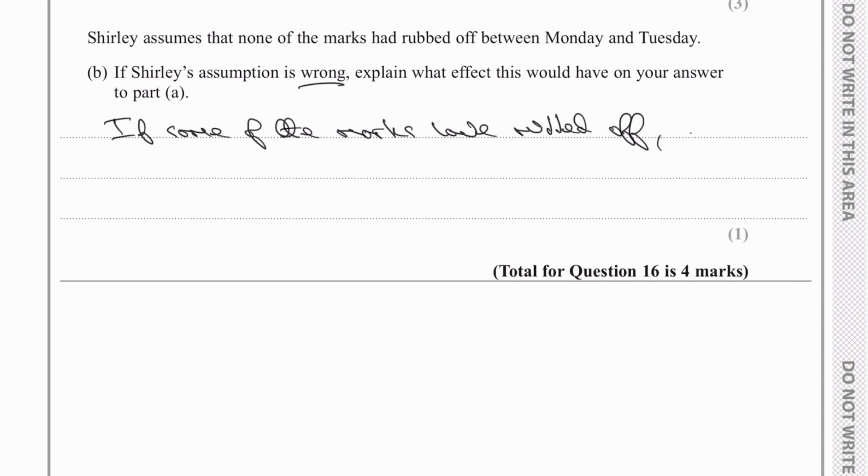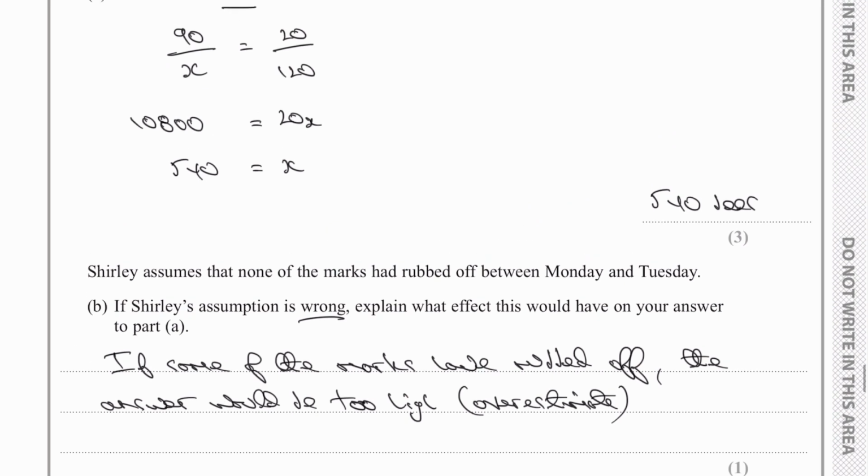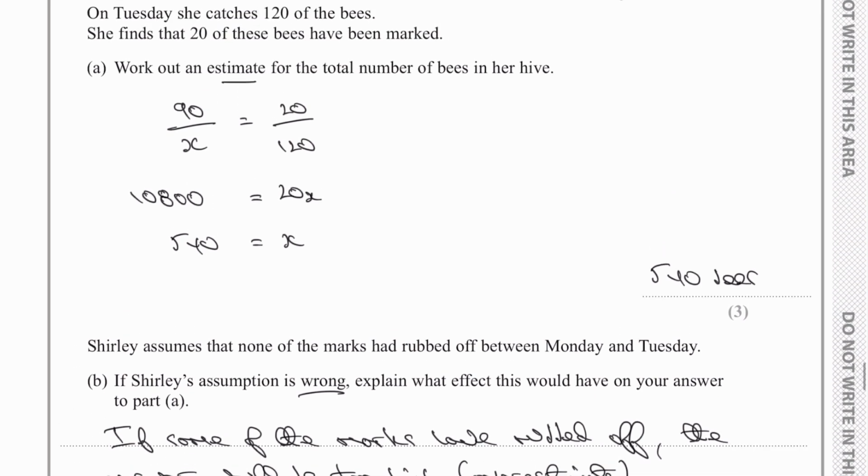It would be an overestimate. If you want to put in brackets an overestimate, that would be absolutely fine. Hopefully that's okay for you for question number 16B. And that's all about bees in a hive, and it is, as I say, capture, recapture.